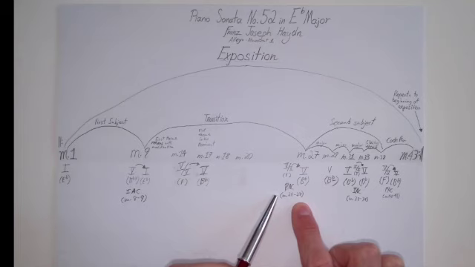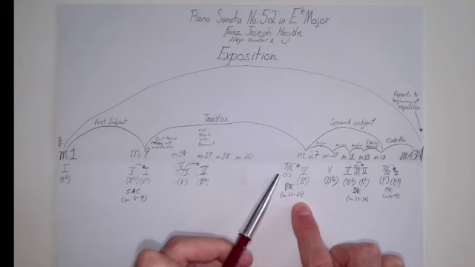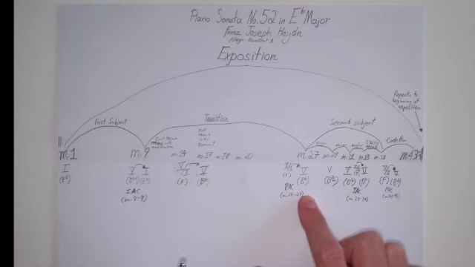Again, there's a perfect authentic cadence from F to B flat, tonicized in the dominant at the beginning of measure 27 for the beginning of the second subject.